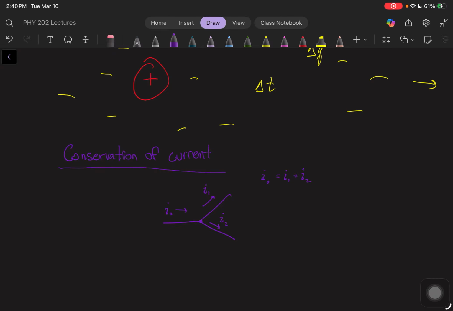And if we had some circumstance where maybe I2 is greater than I naught, then the only way for that to be possible is if I1 is also flowing into the junction, right? And so then, we could make this say I naught plus I1 is equal to I2.